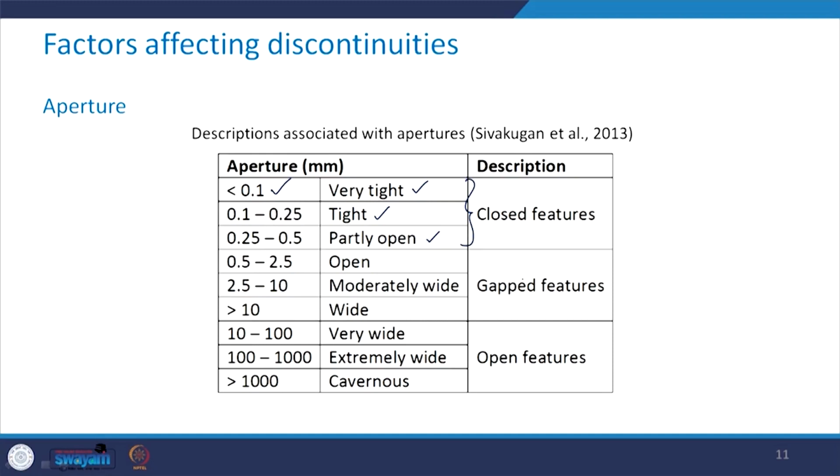The next category is the gapped feature, which has the description from open to wide, with the aperture size changing from 0.5 to less than 10. Then for open features it is more than 10, and you have very wide, extremely wide and cavernous kinds of description depending upon the magnitude of aperture. So, accordingly you can describe the joint.